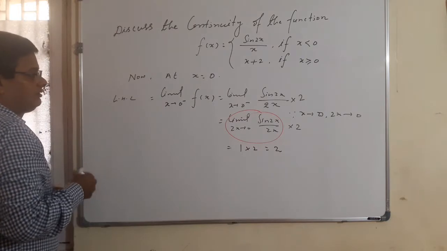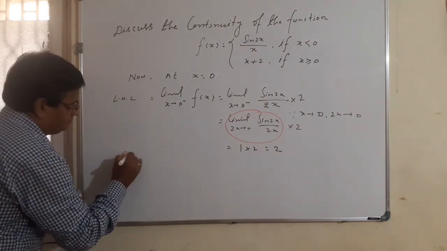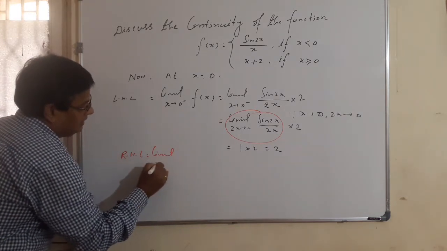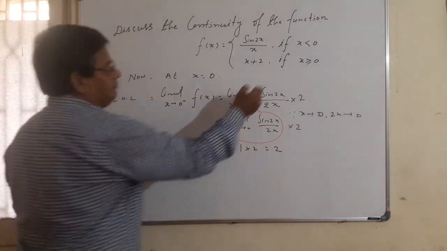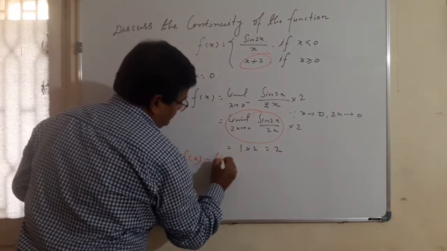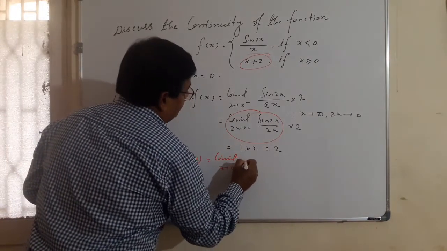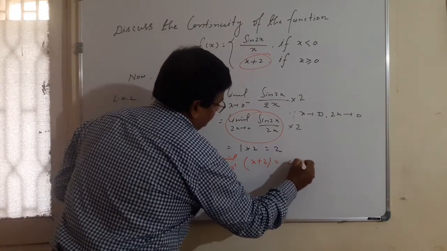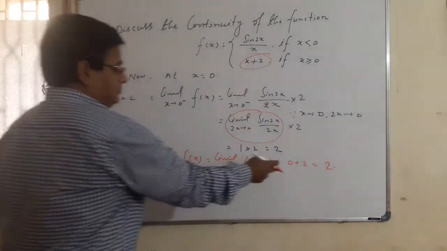Now we have to find out right hand limit. So right hand limit x tends to 0 plus f(x). So function will become greater than 0, this one. So limit x tends to 0 plus x plus 2, putting here 0, so 0 plus 2 is 2.